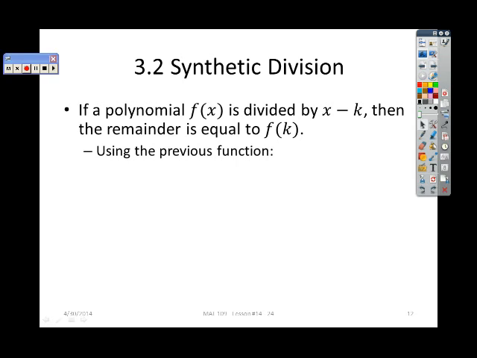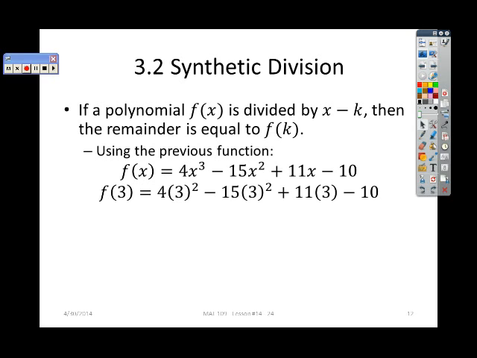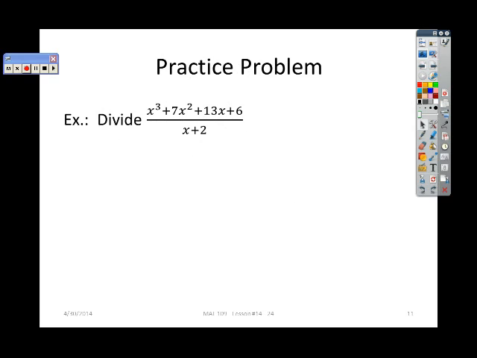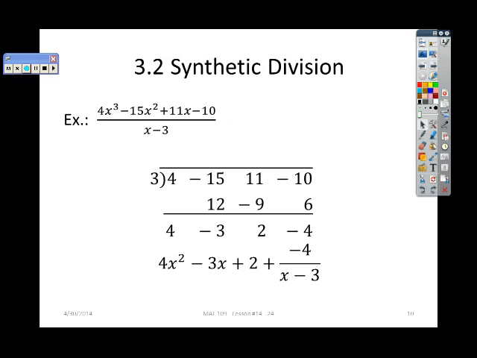If we divide it by x minus k, that's exactly the same answer we would get if we took f of k. So that previous function that we looked at, there's the function, f of x. If we plug the number 3 in, if you look back at the problem we did, that was the previous problem here. K, x minus k, so k is 3 in this case, right? So our value k is 3.